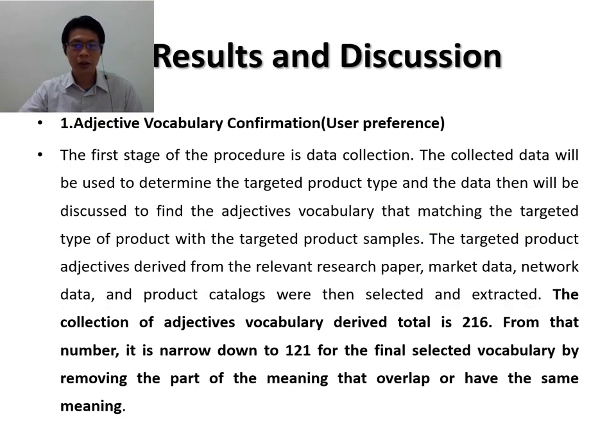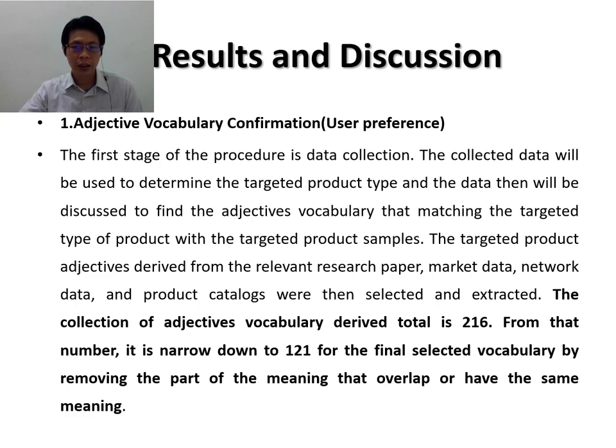Results and discussion: adjective vocabulary confirmation. The first stage of the procedure is data collection. The collected data will be used to determine the target product type, and the data is then discussed to find the adjective vocabulary matching the target type of product with the target product samples.